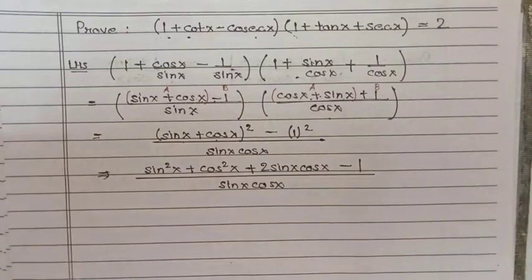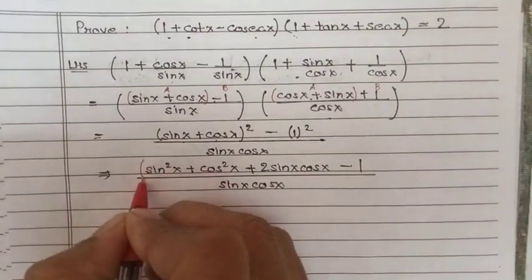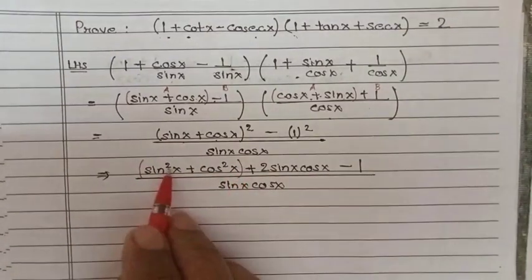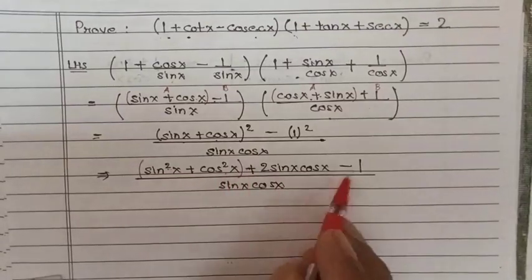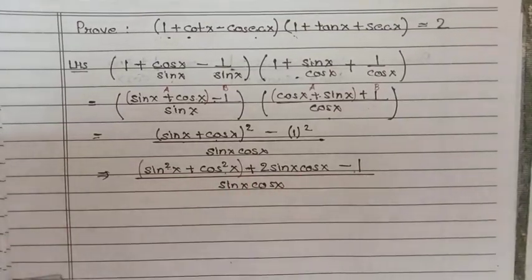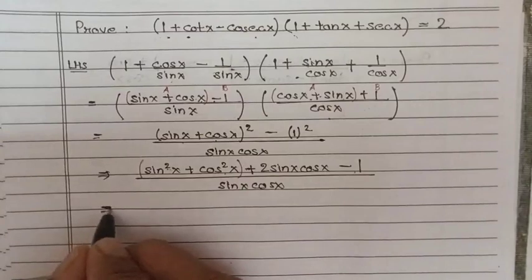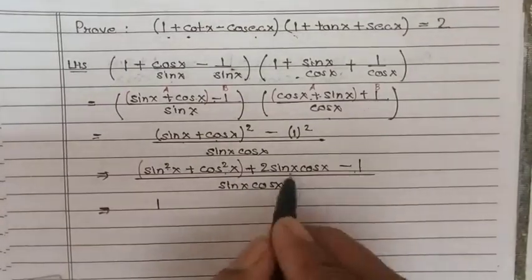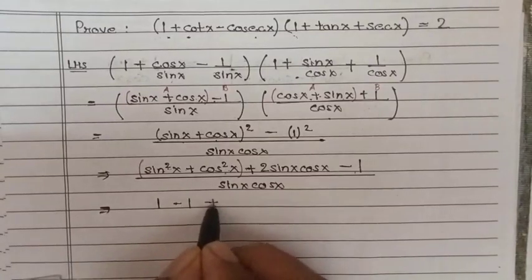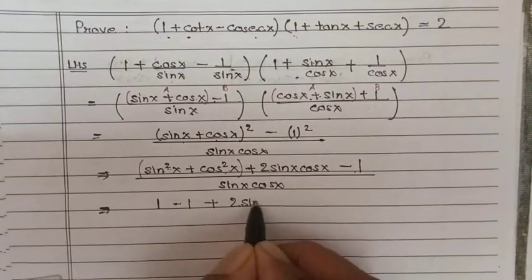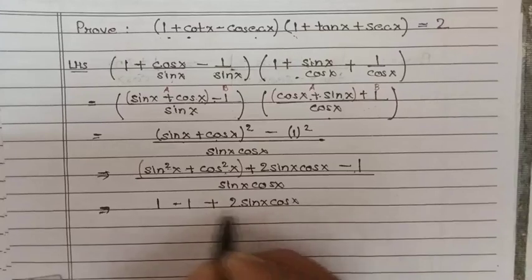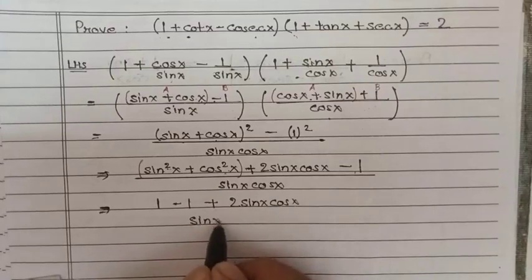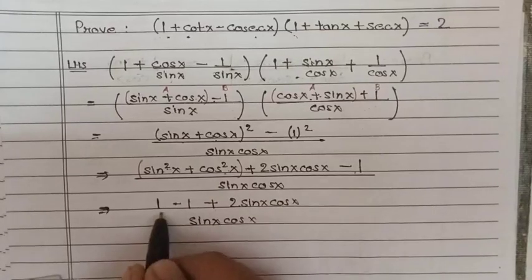Now this sin square plus cos square identity, so this will give you plus 1, and this plus 1 with minus 1 will cancel out, so we can show it in the next step. Sin square plus cos square will give us 1, then we have minus 1 plus 2 sin x cos x upon sin x cos x.